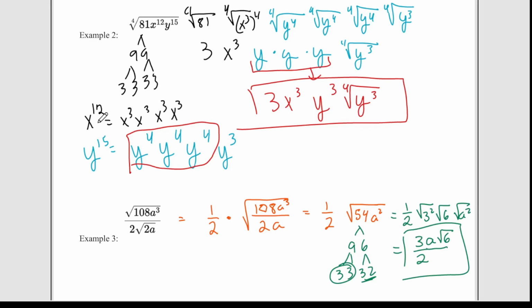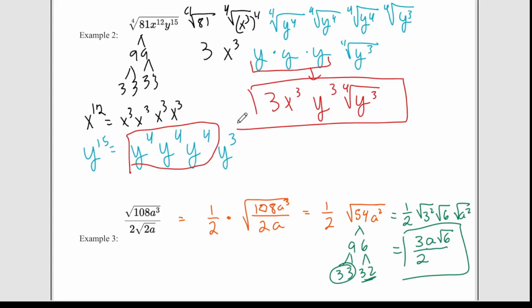So in particular, like for x to the 12th, I was looking for, again, groups of 4 something. So I was able to come up with, okay, well, x to the 3rd times itself 4 times, that's a group of 4, will give me that x to the 12th. Alternatively, a different way to think about that would be to think about how many y to the 4ths or whatever to the 4ths fit in there evenly, and then what's left over.